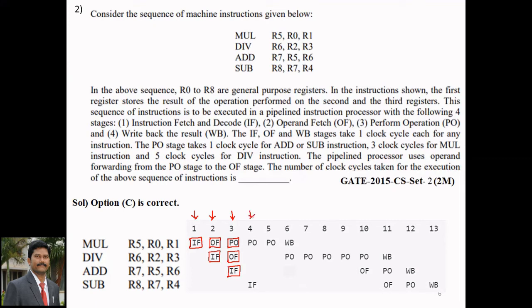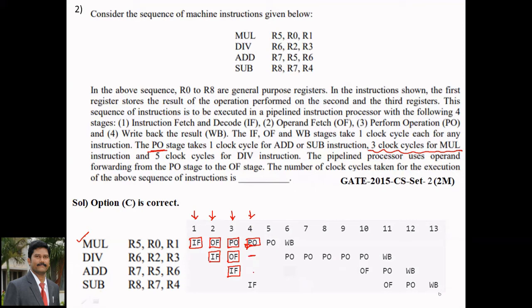At the fourth clock cycle, what is happening? The multiplication instruction takes 3 clock cycles for the PO, perform operation stage, so the PO continues. But at the 4th clock cycle, the perform operation of division will not start because the PO is already busy, so it has to wait.